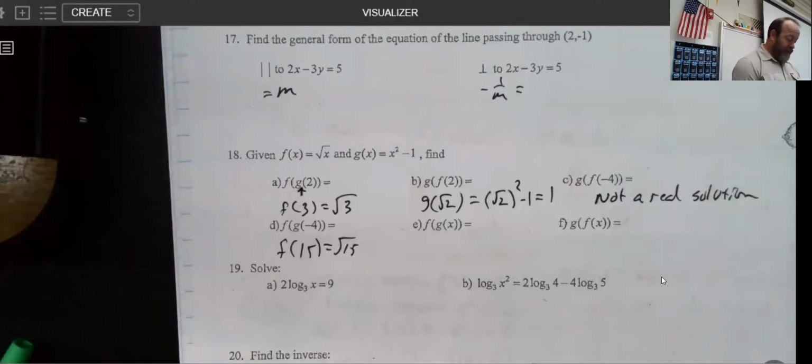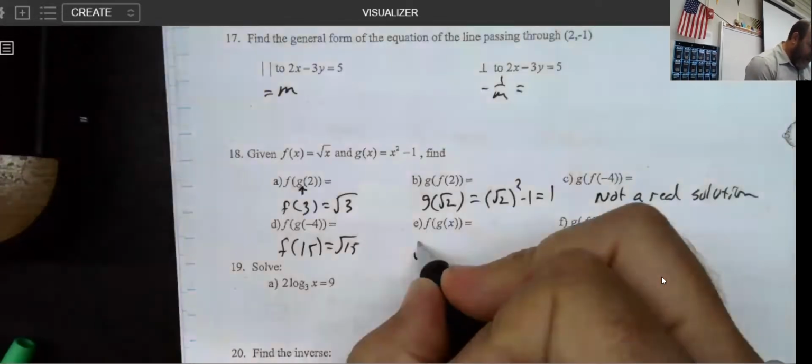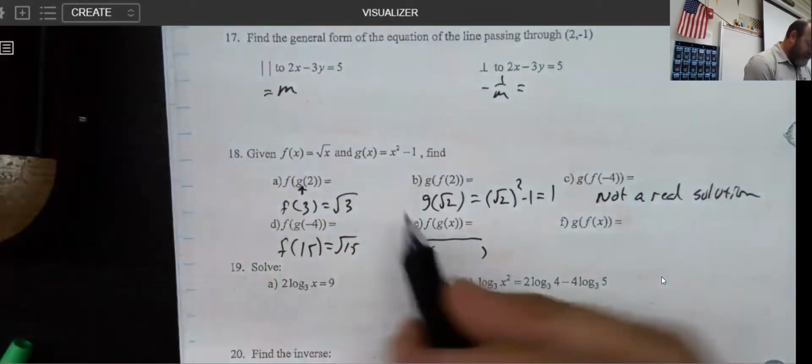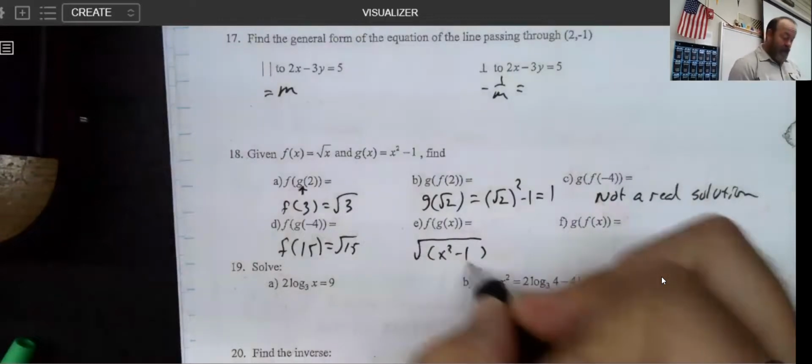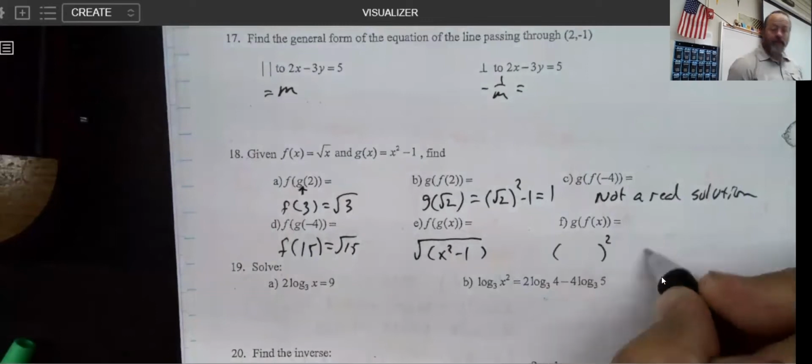So I'm going to take f, which is this outer function. f was the square root of x, but I'm going to replace x with whatever g happens to be, and I'm done. In the same way over here, I'm going to take g, which is x squared minus 1.